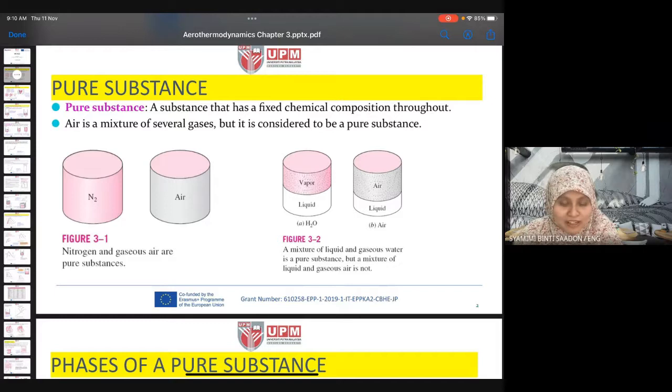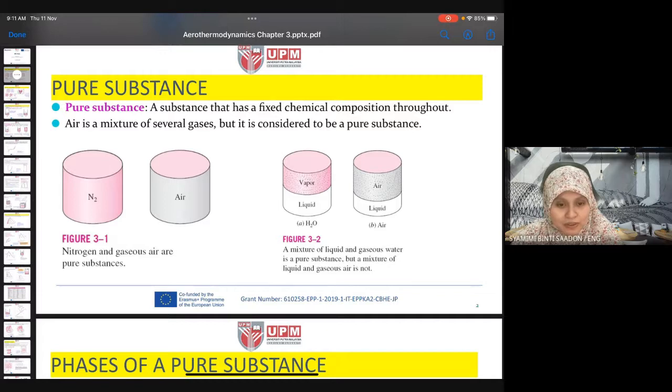But for example, if you have oil and water, the combination of both is not a pure substance, because oil and water cannot be mixed up. So it is not a pure substance.